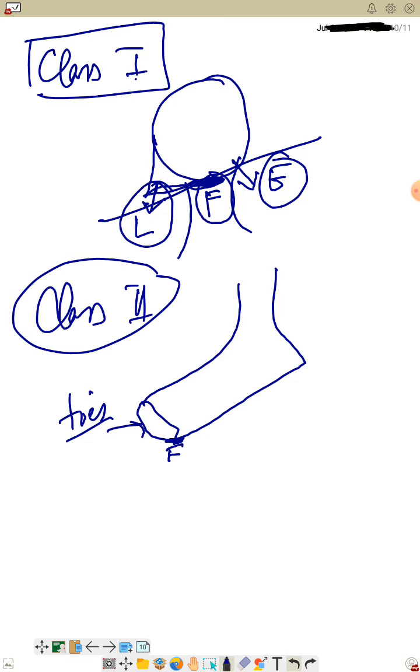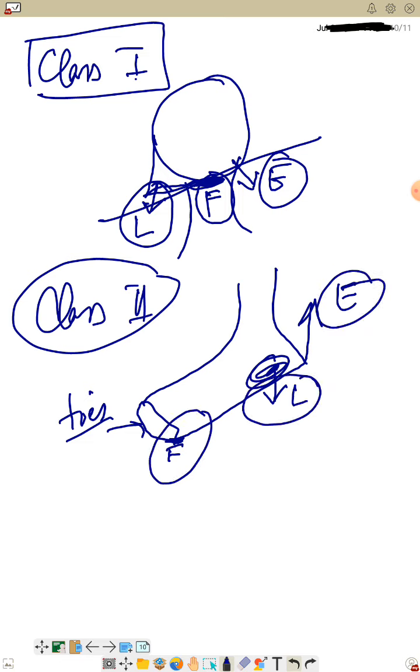Heels will be going up, so that is my effort. And the muscles present here are the load. So here you see that load is lying between effort and fulcrum. So this is my second class lever. Raising the weight of our body on the toes is an example of class 2 lever found in our human body.